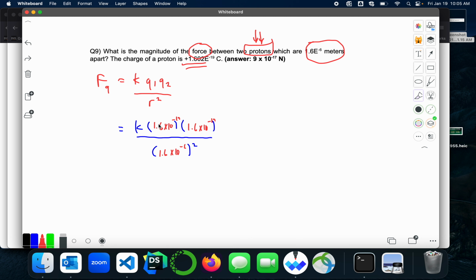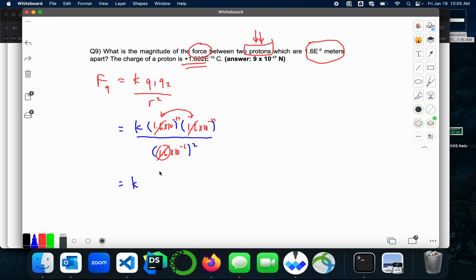This is convenient. Look at that. 1.6, 1.6. And this is 1.6 squared. Ooh, look at that. So this is 1.6 squared, and this is 1.6 squared. So I'm just going to cross these off. Wow, that was nice.